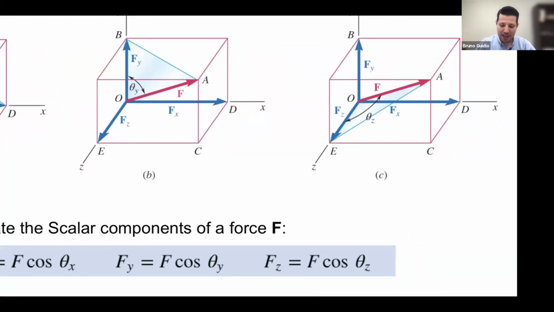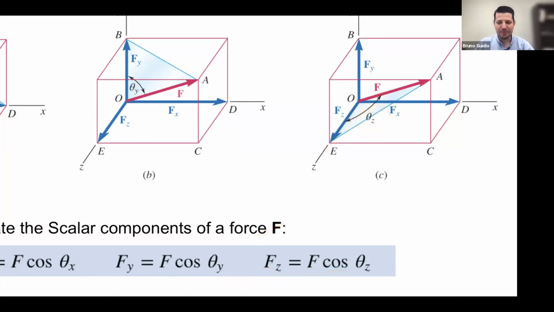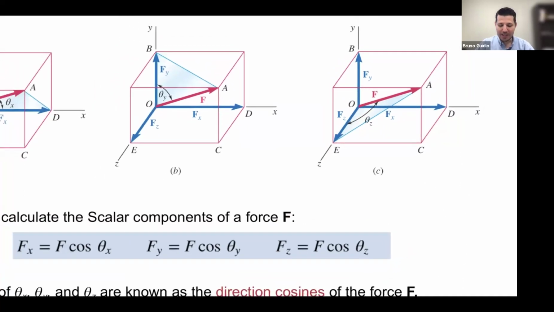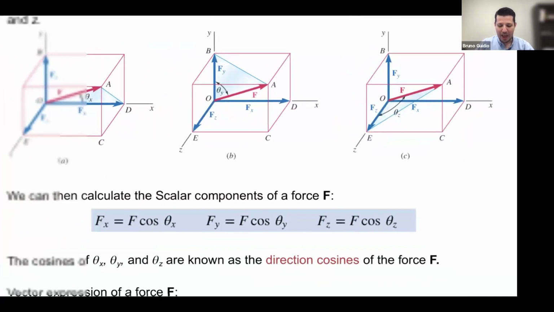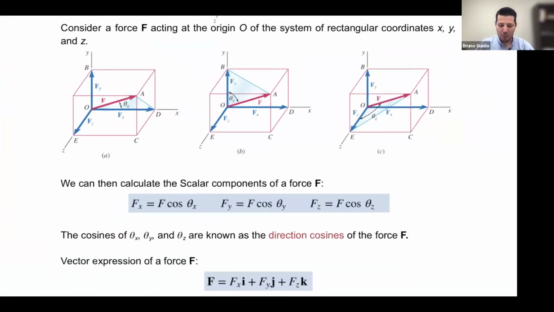Once again, from z to the F vector, what do we have? Theta z, and that's how we write Fz. So that's pretty much how we find Fx, Fy, Fz using the cosines.